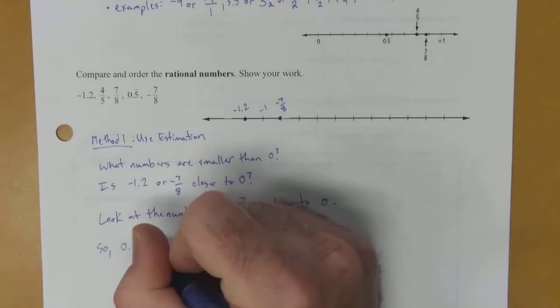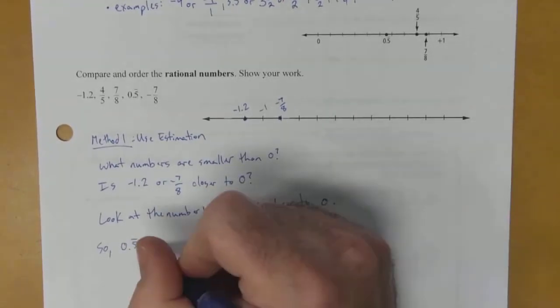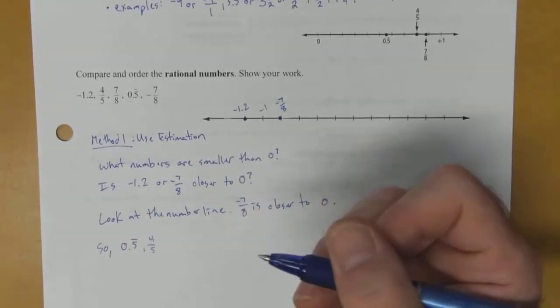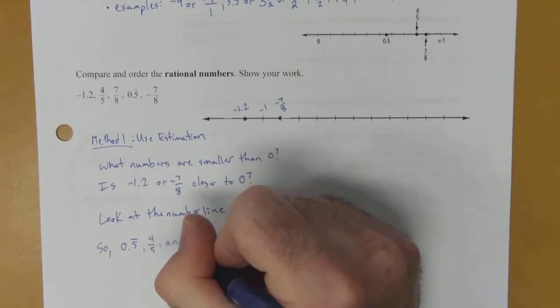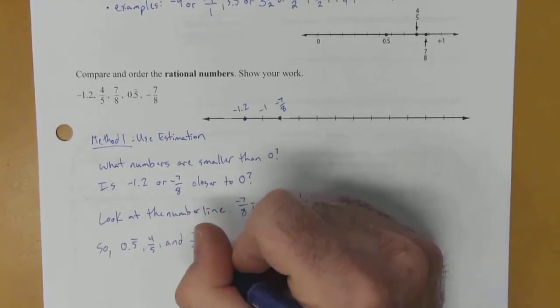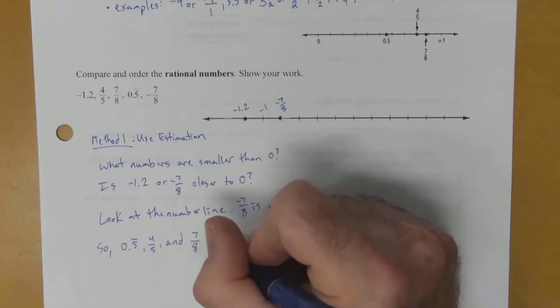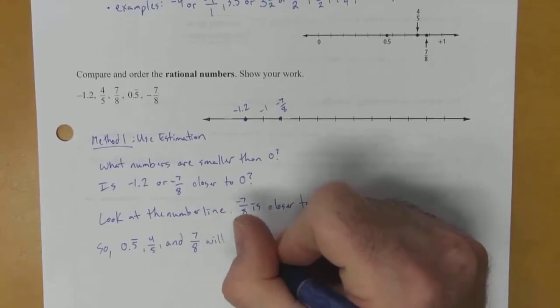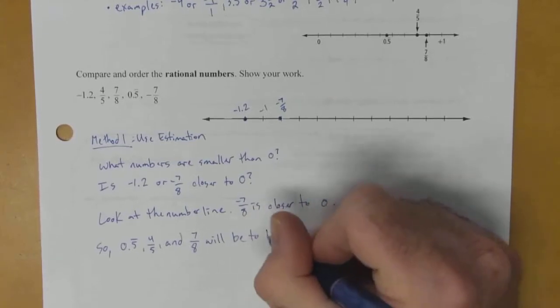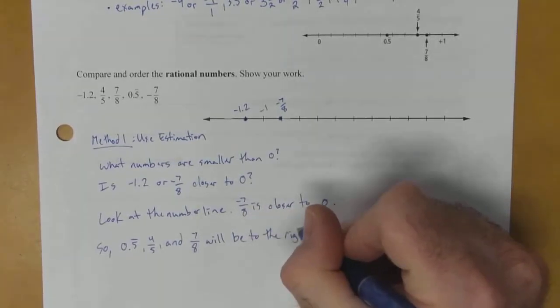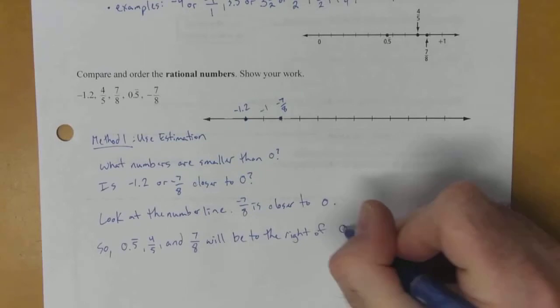So 0.5 repeating, 4/5 and 7/8 are all positive, so they will be to the right of 0 on your number line.